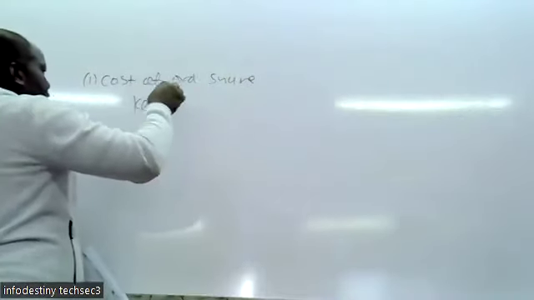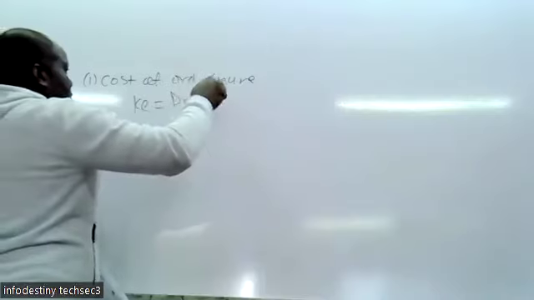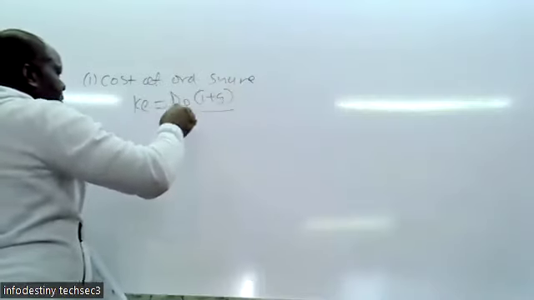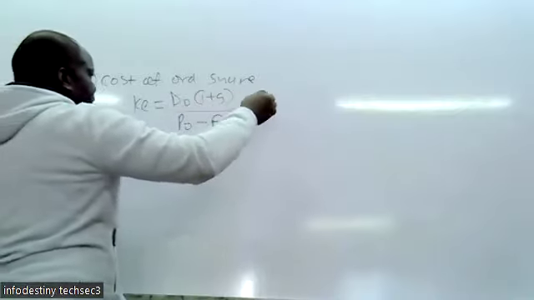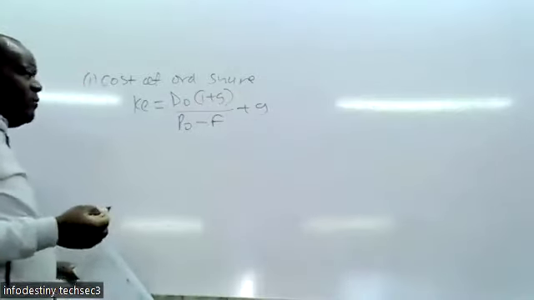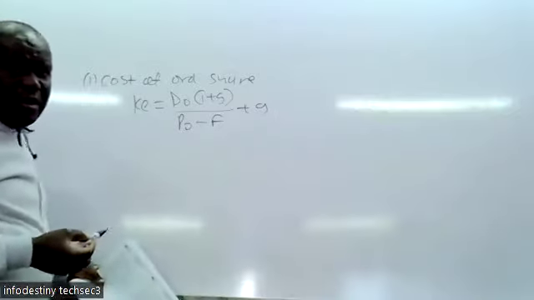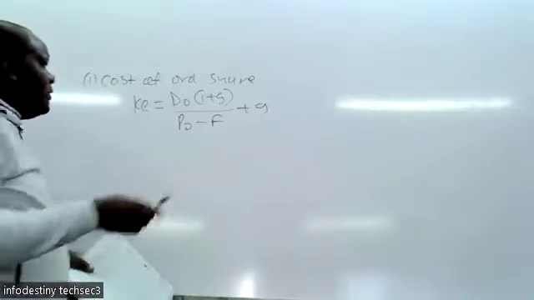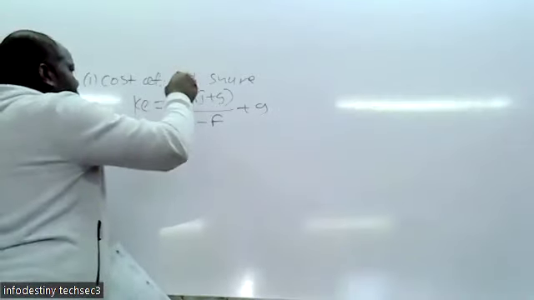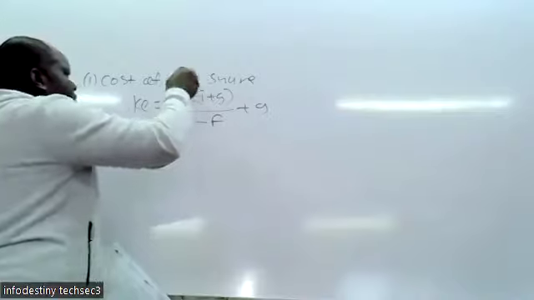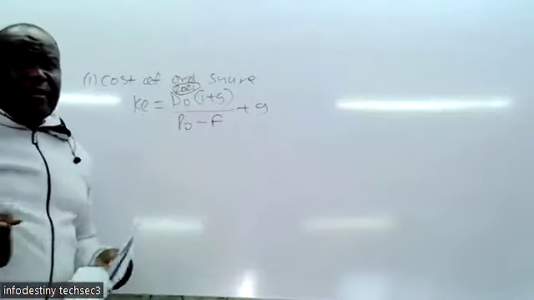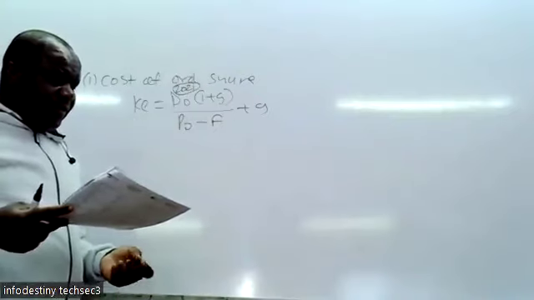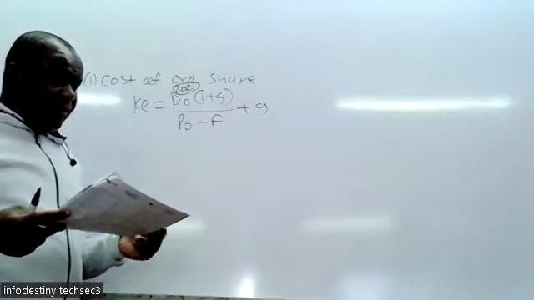So Ke should be given by d0 times 1 plus g, divided by P0 minus the flotation cost, then we add g. Our d0 is the last dividend that was paid, which is the one for 2021.